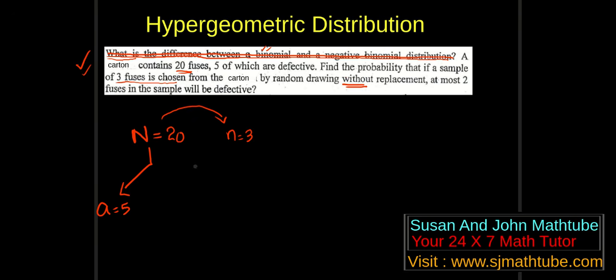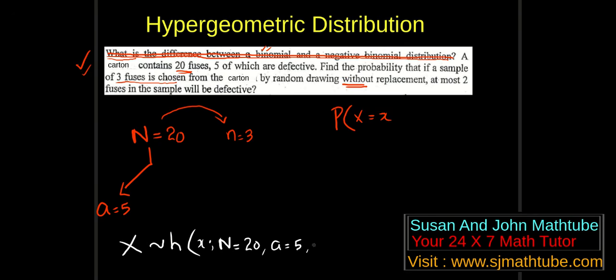We can apply hypergeometric distribution here. So as usual, let's write the formula for x number of success. And before that, we have to write the notation. Capital X follows hypergeometric distribution for x number of success. So the lot size is 20 and the special items, that is the defective items, are 5, and the sample size is equal to 3.